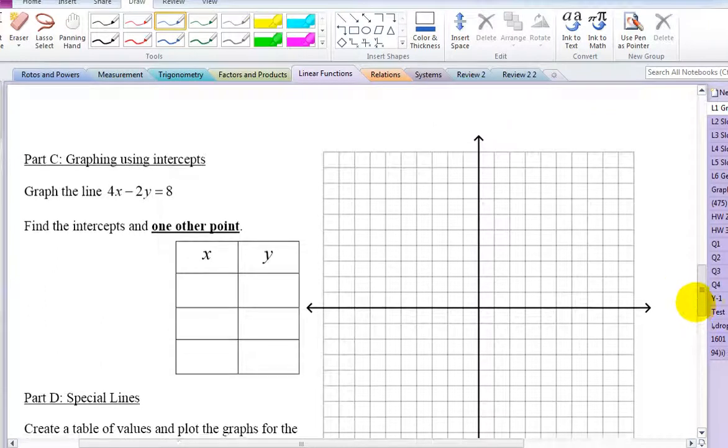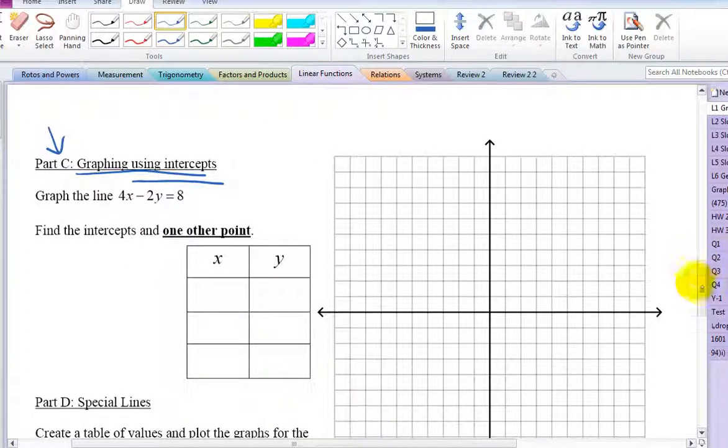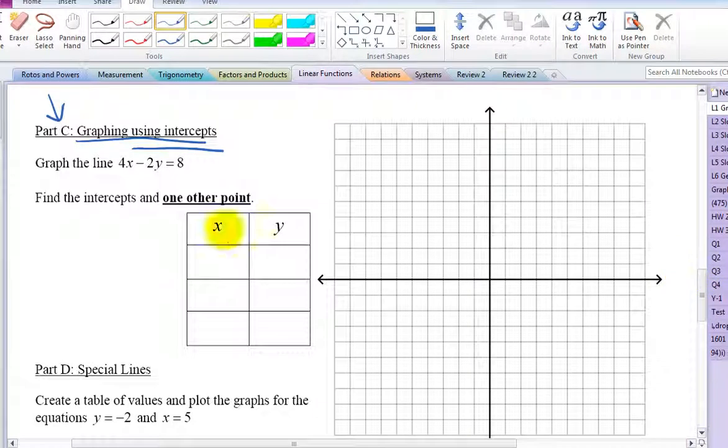So now we do a different type of graphing. This is graphing using intercepts. When you're stuck on your worksheet and you don't know what to do, please turn to this section. Okay, so what we do here is we have to find where does it cross the x-axis.